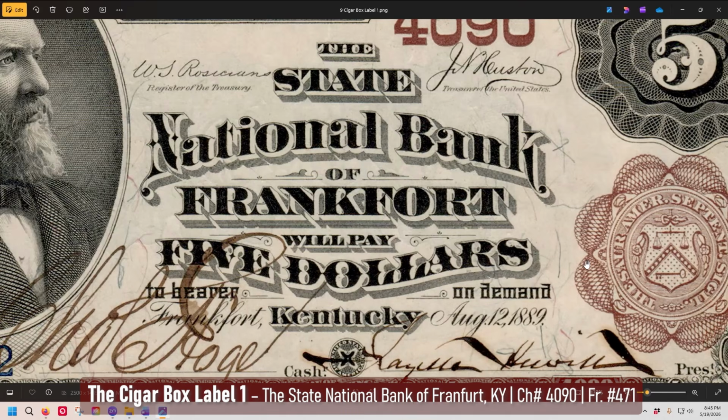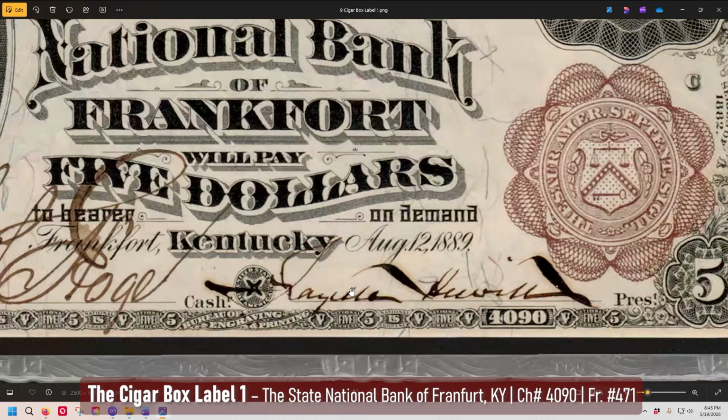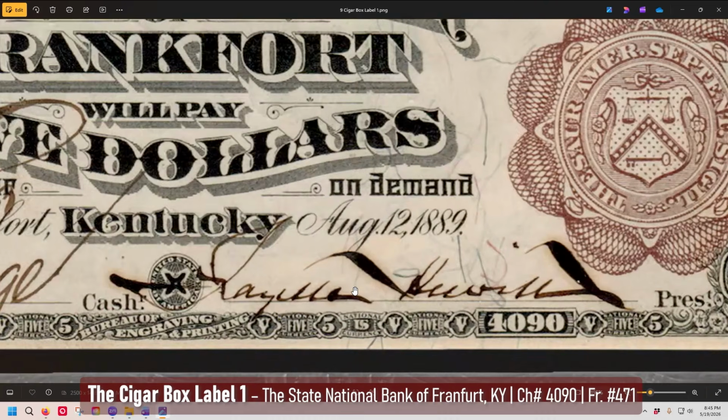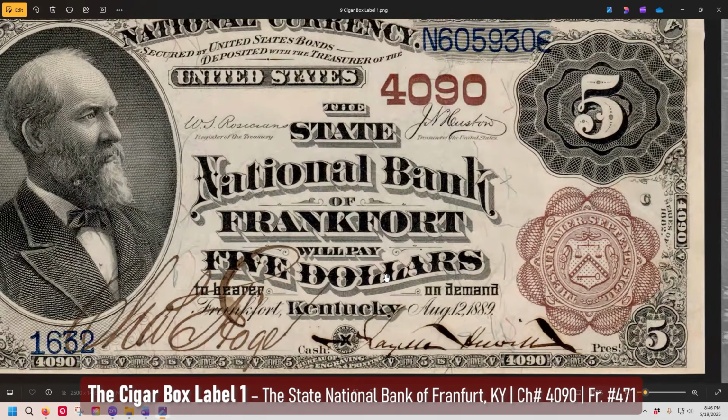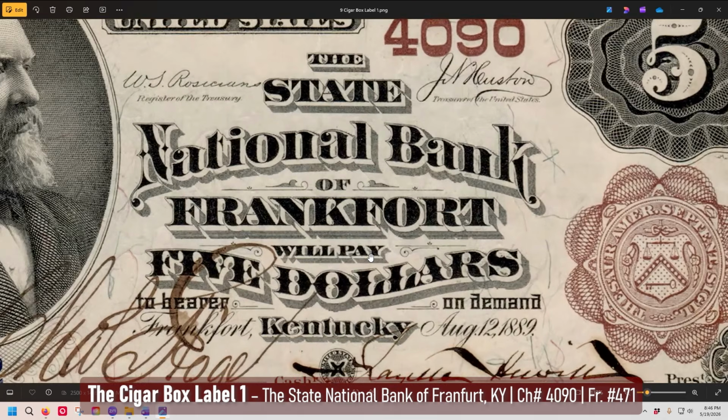So these all have that dip in the $5. Again, you can look at these things right off and tell that it's a cigar box. Boy, there's some ink burning on that signature right there, man. Wow. Great images. By the way, Ken provided all these images, just outstanding. Thank you for taking the time to do that. Yeah, happy to do that.